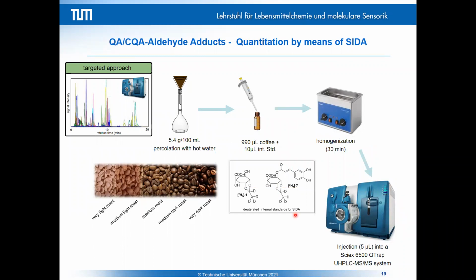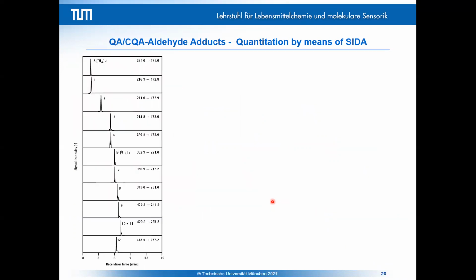Here we used two compounds which were synthesized using deuterated acetaldehyde. They were added before the measurements. The samples were homogenized and then injected into a 6500 QTRAP system. On the left-hand side, you can see the mass transitions.